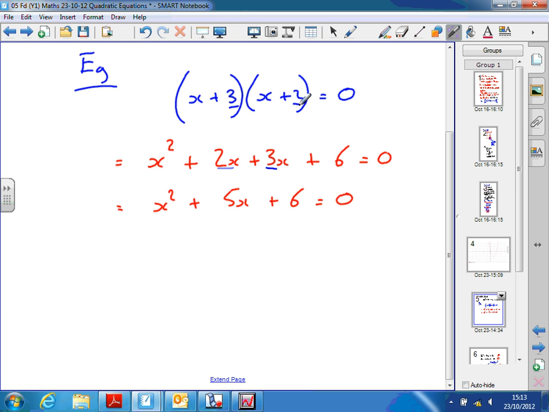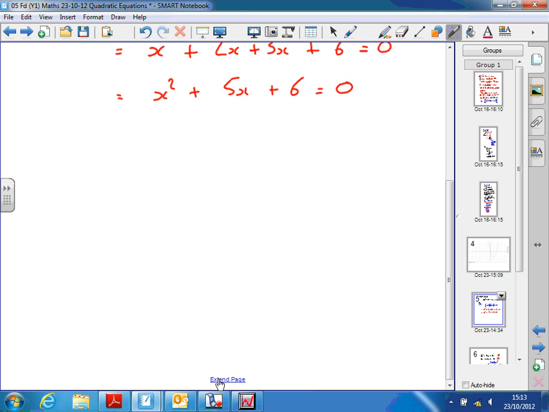So 3 plus 2 gives me the 5. And then how have I got the 6? By multiplying the 3 by the 2. 3 times 2 gives me 6. So actually, I could have almost predicted what these numbers were going to be, because I'd say to myself, I'm going to have x squared plus 5x, because 3 plus 2 is 5, plus 6, because 3 times 2 is 6. And we use that sort of logic when we try and go back.